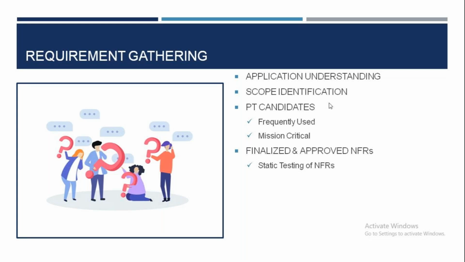So always remember to try to have the finalized version of NFRs, finalized version of scenarios for your scope. That should be your target in the requirement gathering phase, to get them finalized, get them approved.